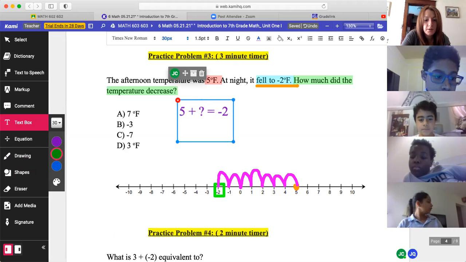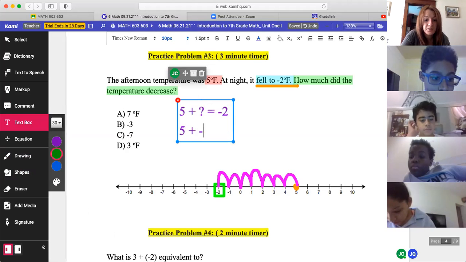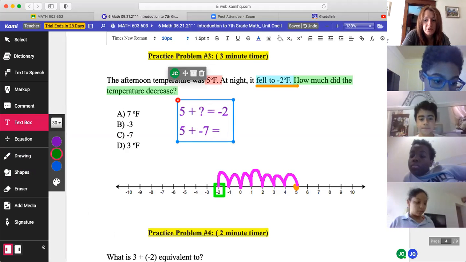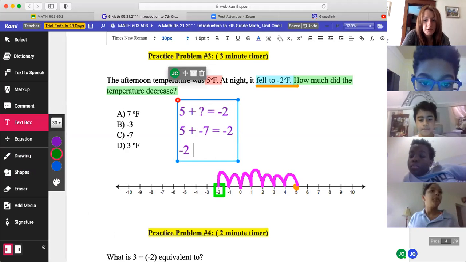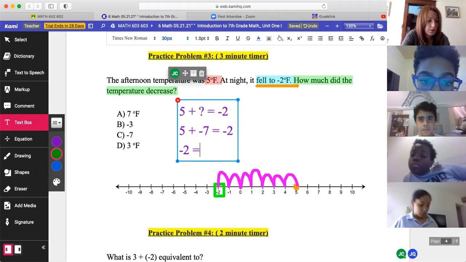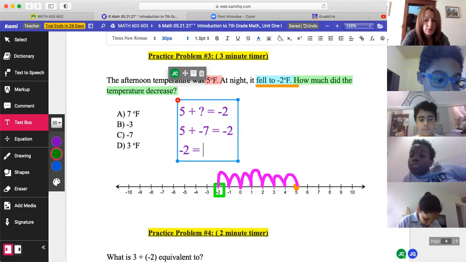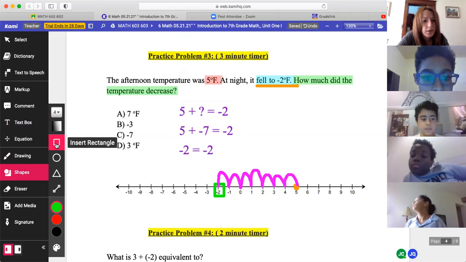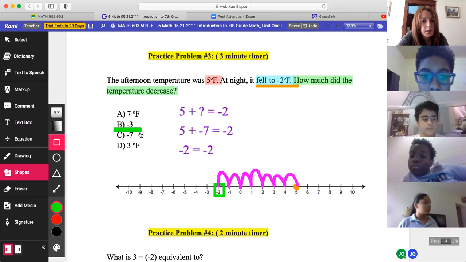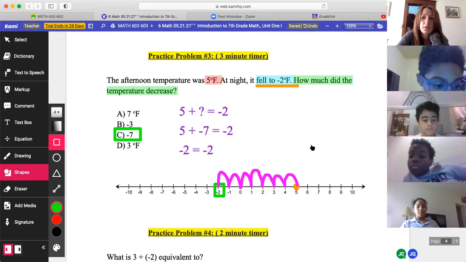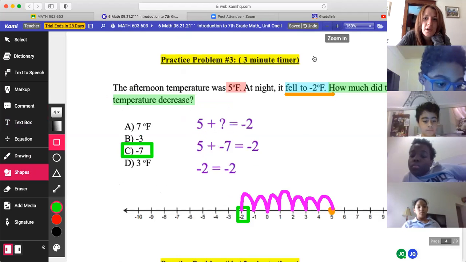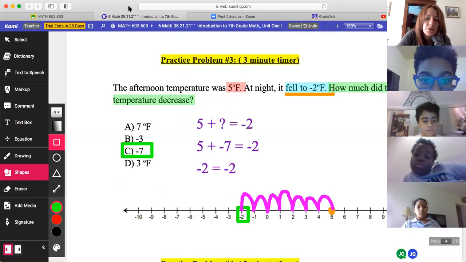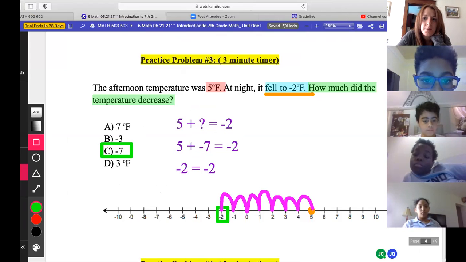So the missing number to make this true is 5 plus negative 7 is negative 2. So negative 2 is equal to negative 2. Does that make sense to you all? Yes. So we would pick C. And Angie is going to screenshot this lovely question for everybody.